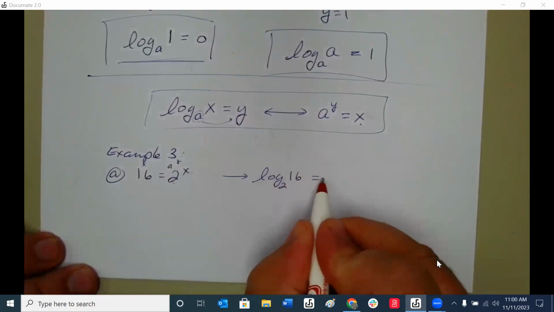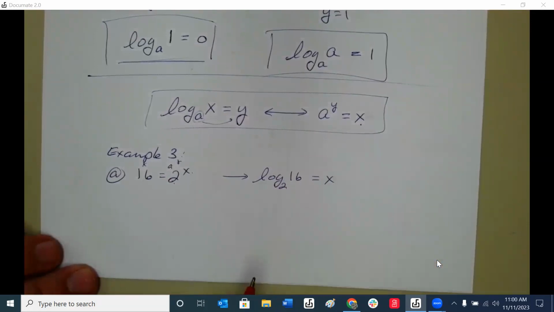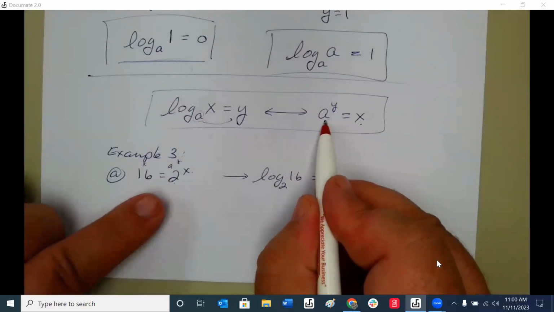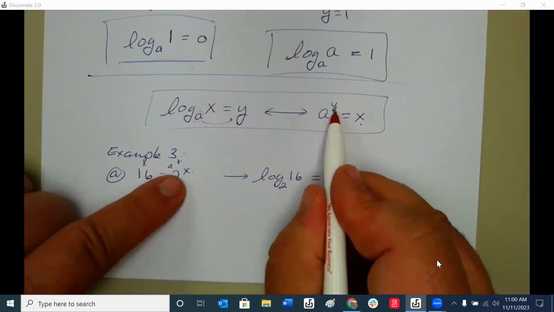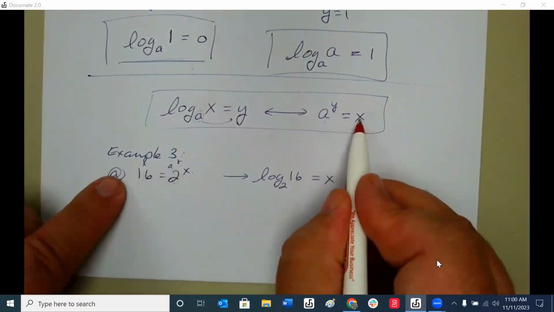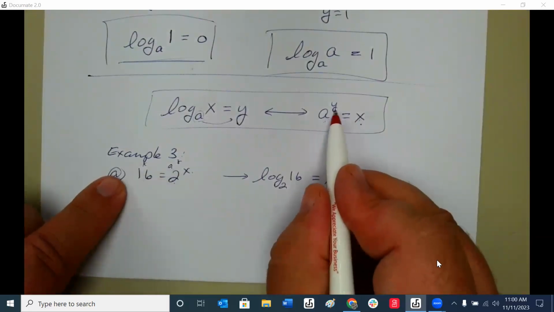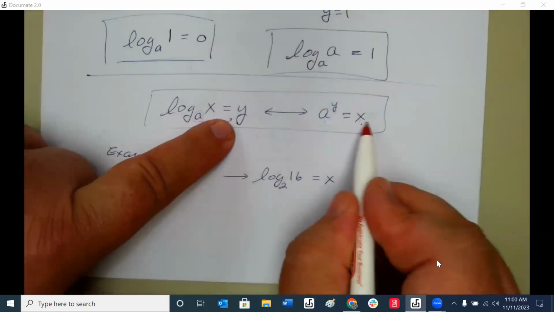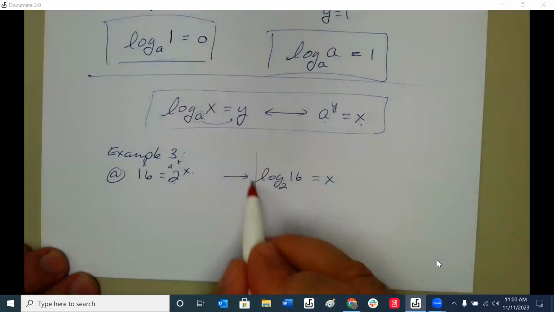So it's 16 equals x. So here we have 2 to the power x equals 16. So the y value is x, and x is 16. So this is the conversion.